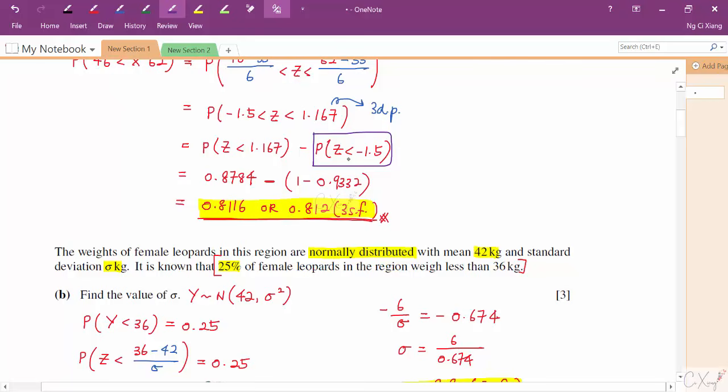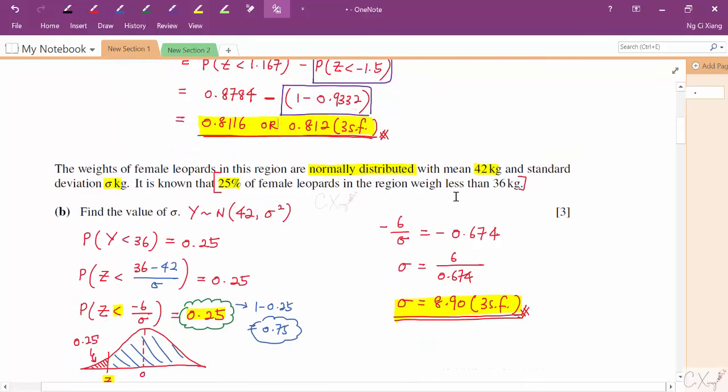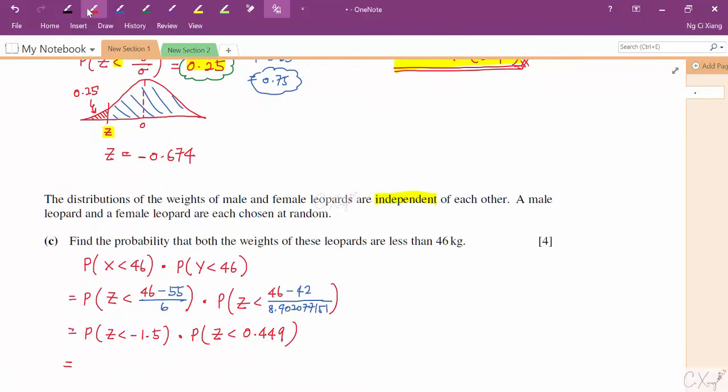The probability of z smaller than negative 1.5 is 1 minus 0.9332. So I will use it in our calculation here straight away, where I'm having 1 minus 0.9332 multiply with the probability for the female leopard, z smaller than 0.449.